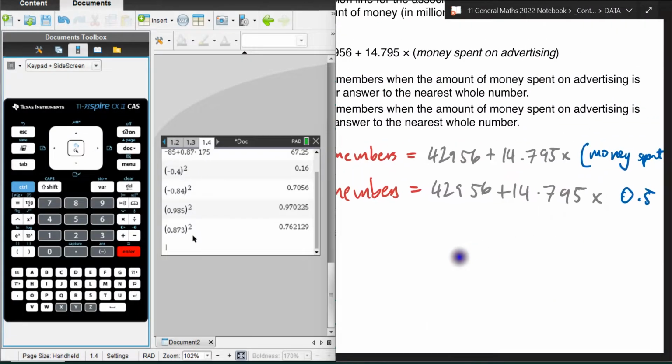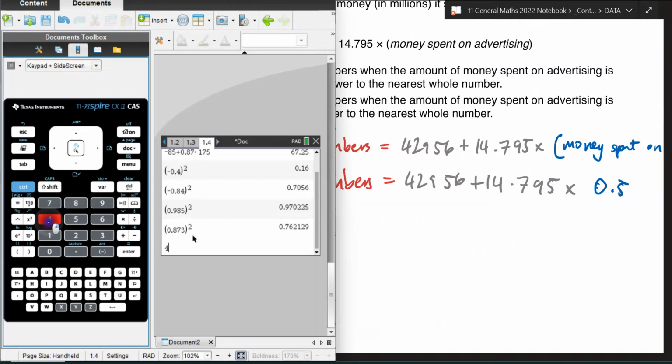Just double check you've done it properly. I think I've missed a number here. 42956. Okay. So the answer is that's how many members there are.